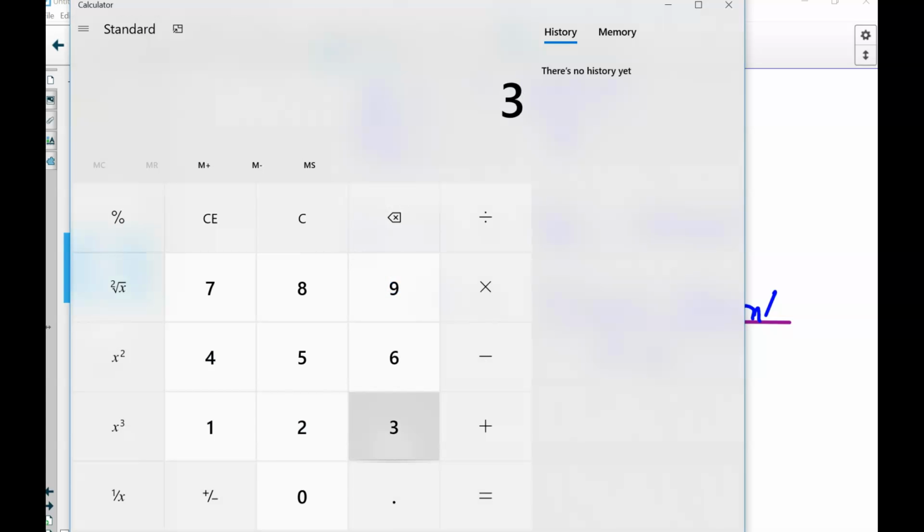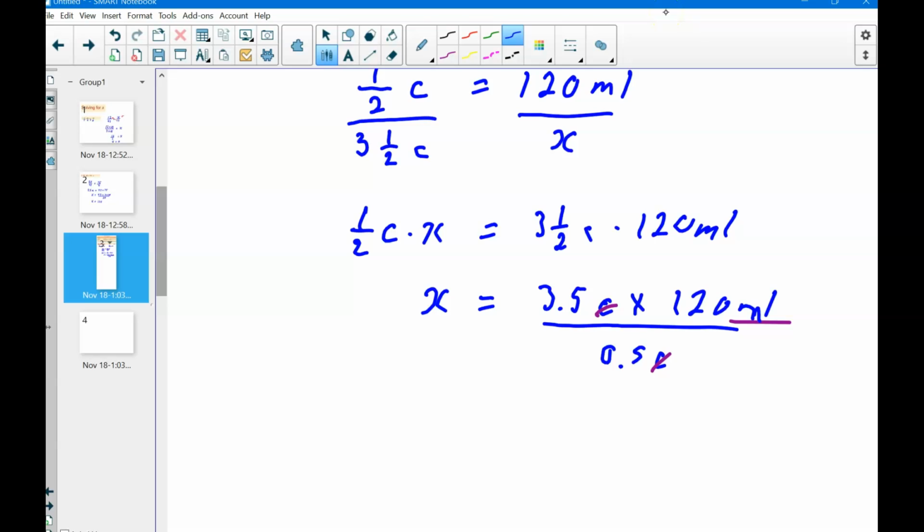This time I have 3.5 times 120, divided by 0.5. 840 mils. So our answer is 840 mils.